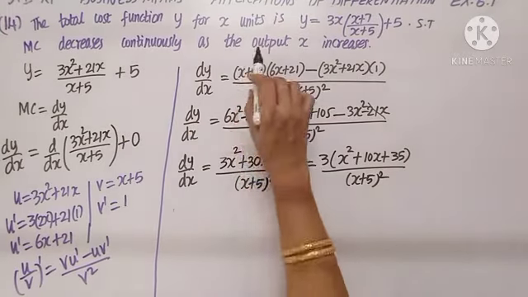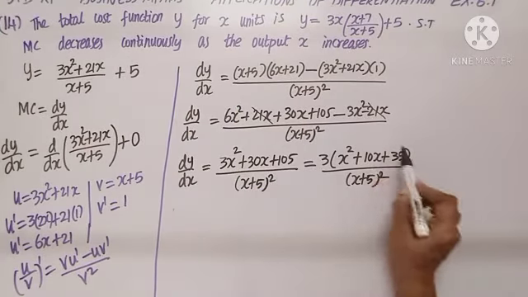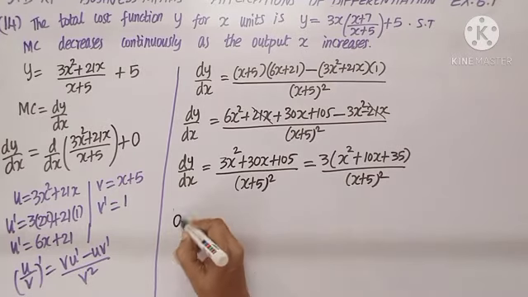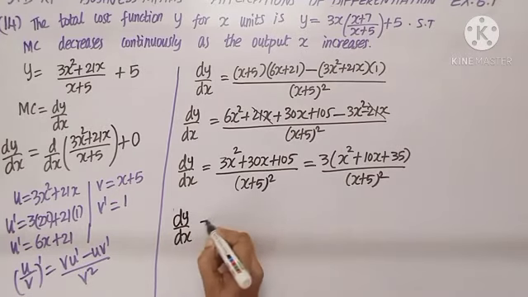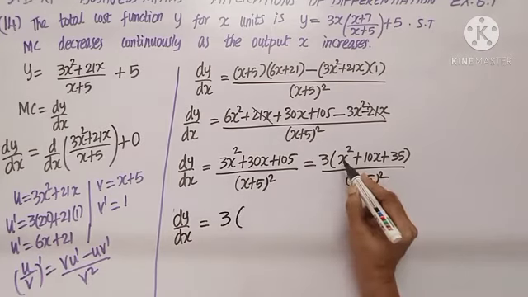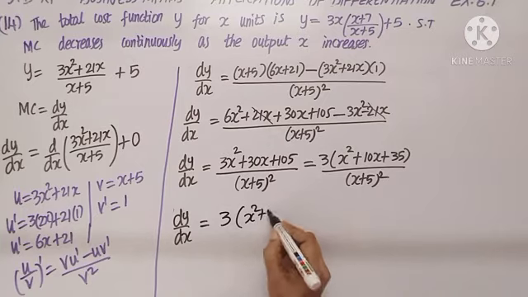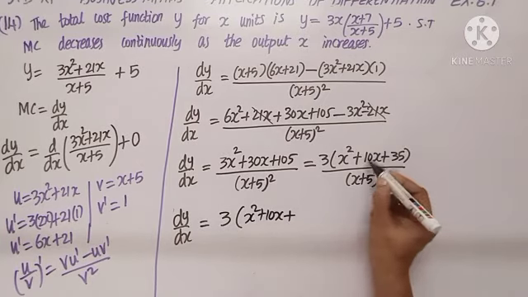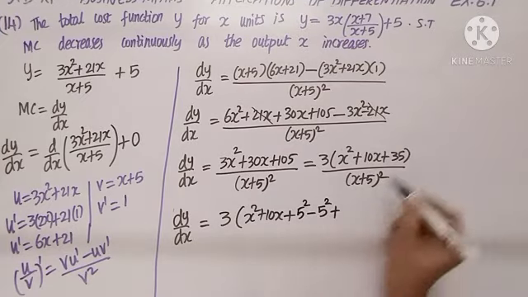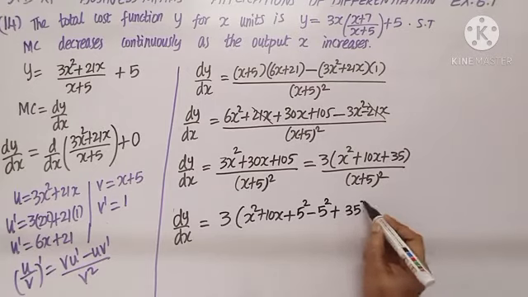To show that result, rewrite the numerator like the denominator. So how am I to write it? dy by dx equals 3 into. Here x square plus 10x is there. 10 by 2 is what? 5. Add 5 square, subtract 5 square, and then write the last term.